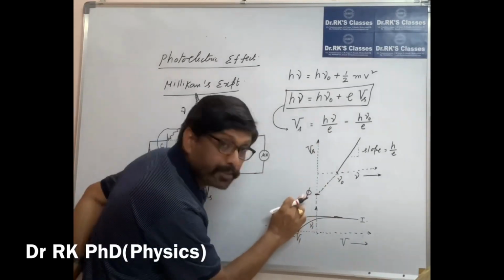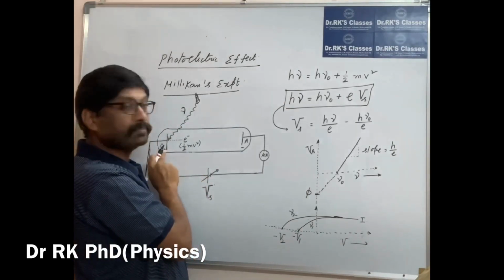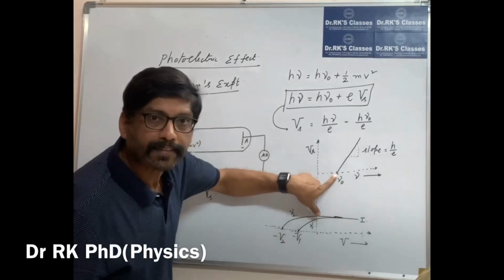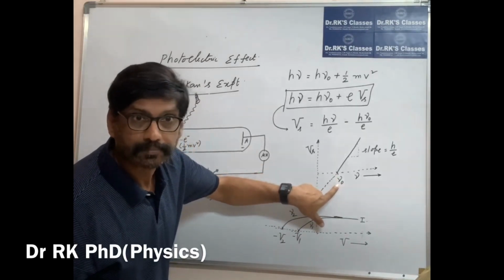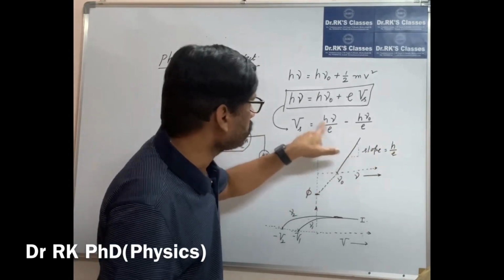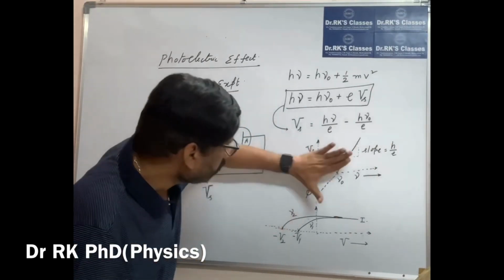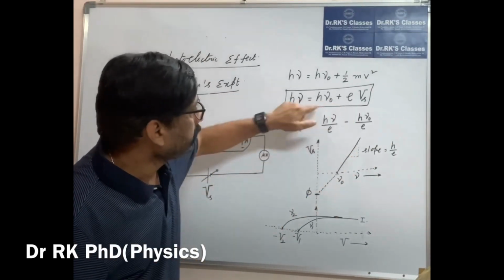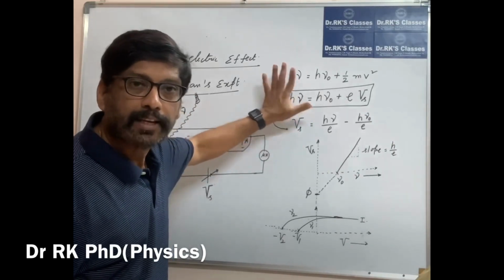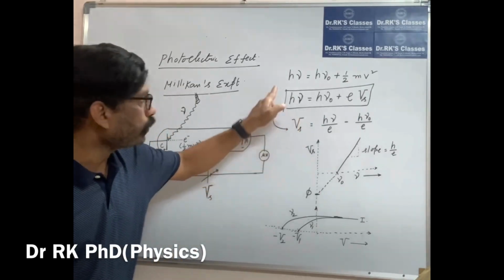The intercept on the y-axis is related to the work function of the metal used as the cathode, and the intercept on the x-axis is the threshold frequency. If I calculate the slope, I get h by e from the y equals m x plus c equation. So this graph proves that this equation is correct, which means Einstein's photoelectric equation is correct. This is the perfect proof for Einstein's photoelectric equation.